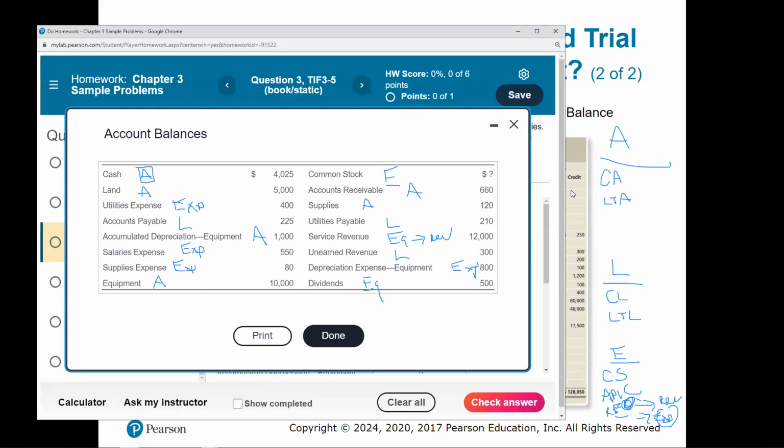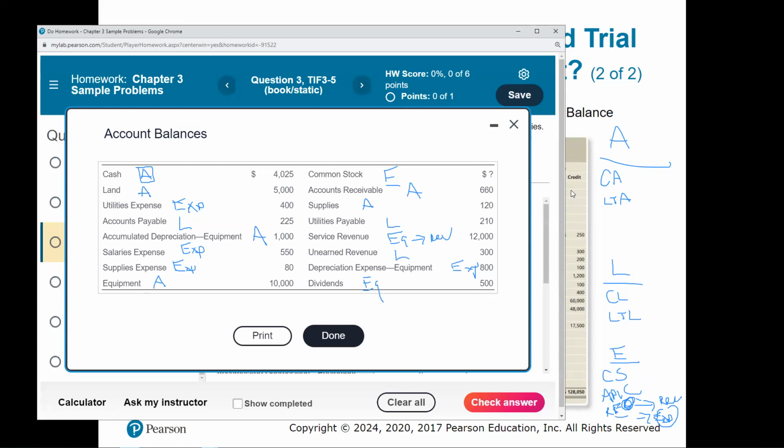And then as far as equity goes, we wanted to do common stock first. We didn't have any other stock related ones. After that, oh, and then dividends, you'd want to get that in there. So less dividends in there. And then after that, I think it's just revenues and expenses, right?